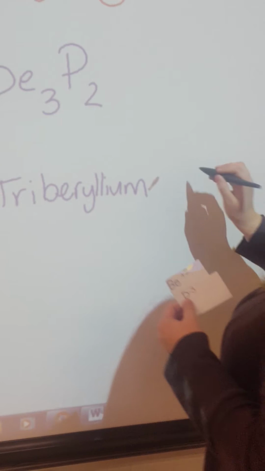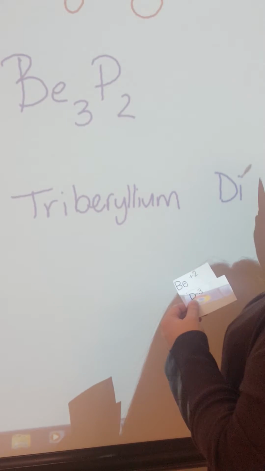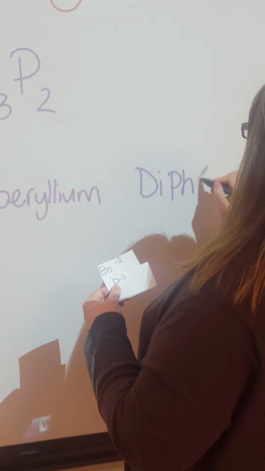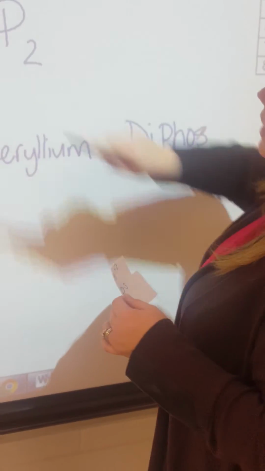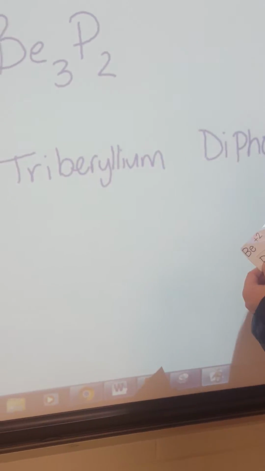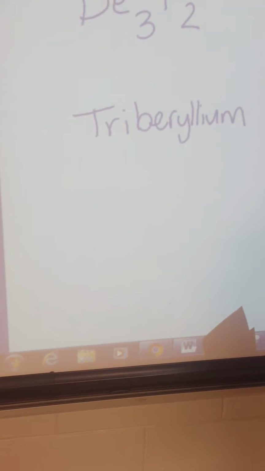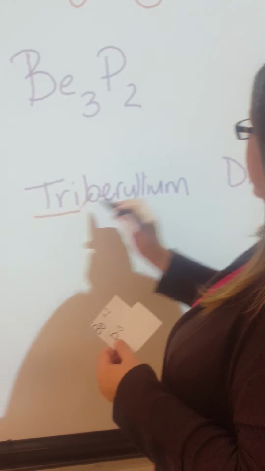The prefix for that is di. So I'm going to write diphosphorus. Well, I can't write phosphorus because it's the second ion. I have to drop the ending and add IDE. So here I have my prefix and my ending.